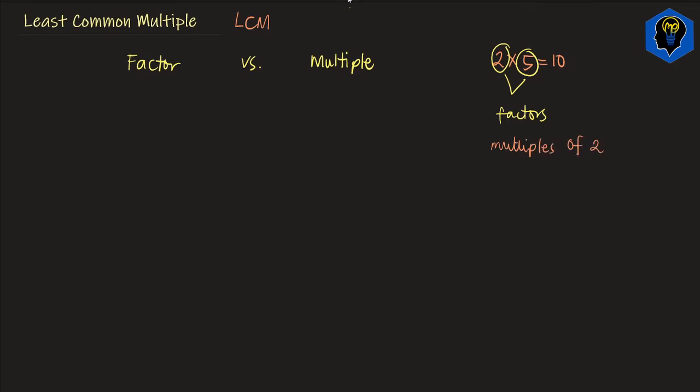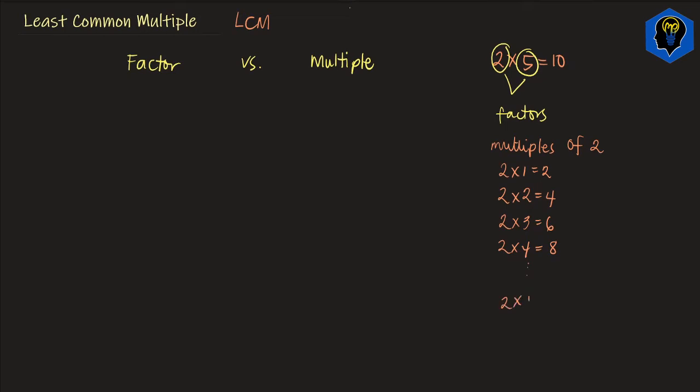So when we say multiples of 2, diba, you have 2 times 1 equals 2, 2 times 2 equals 4, 2 times 3 equals 6, 2 times 4 equals 8, and so on and so forth.